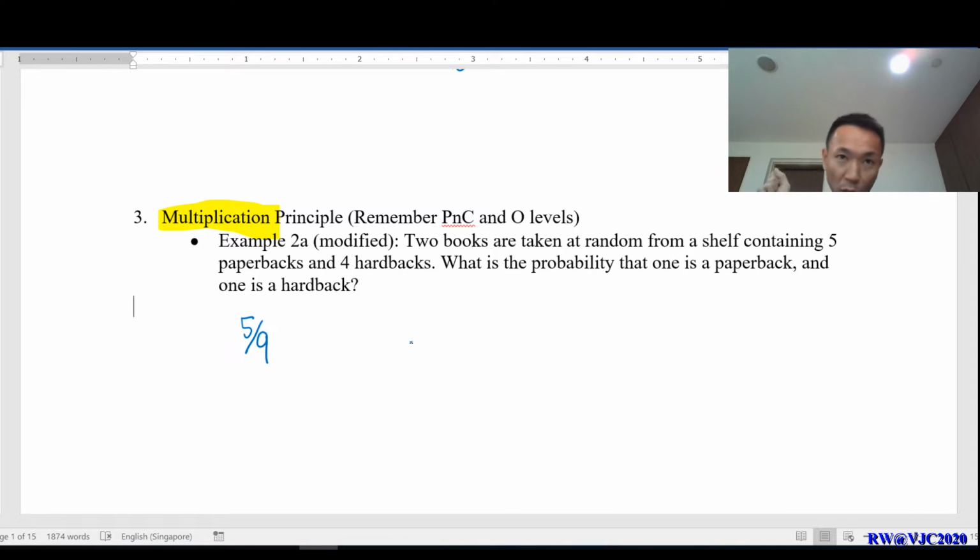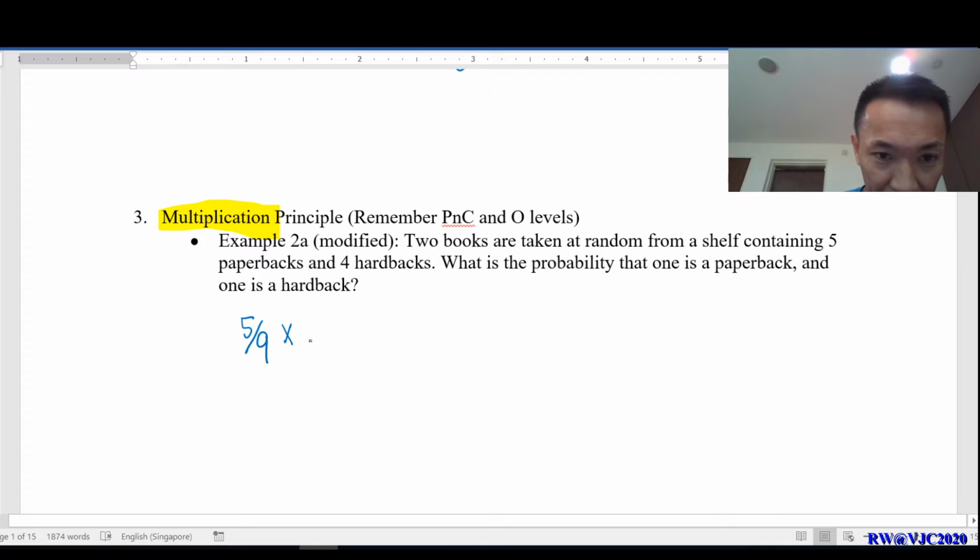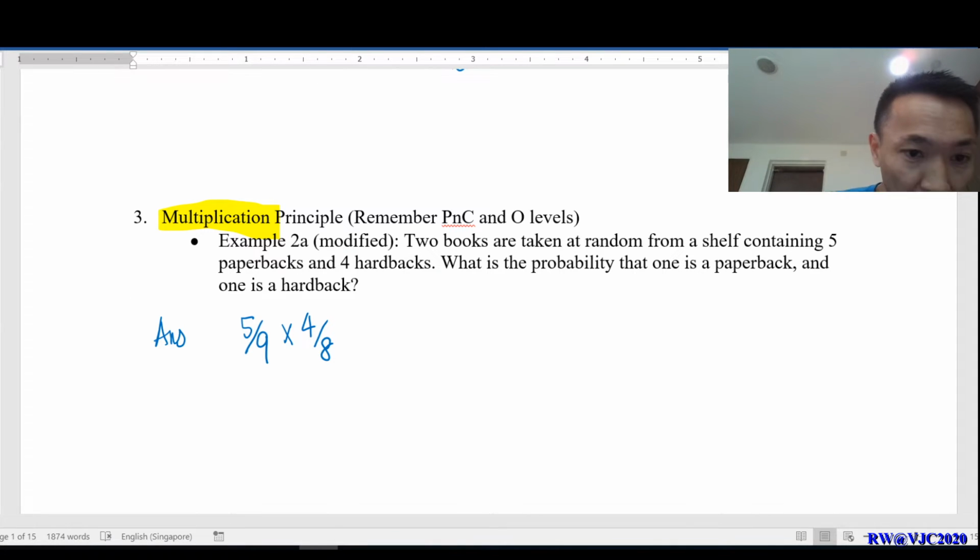Actually, you take two at one go, but it's the same as taking one after another. So it's 5/9, the probability that the first one is a paperback, multiplied by the second one is a hardback, actually it's 4/8. I'm illustrating the use of the multiplication principle. Again, you use the multiplication principle when you do one after another. There's a sequence, the first one, the second one.